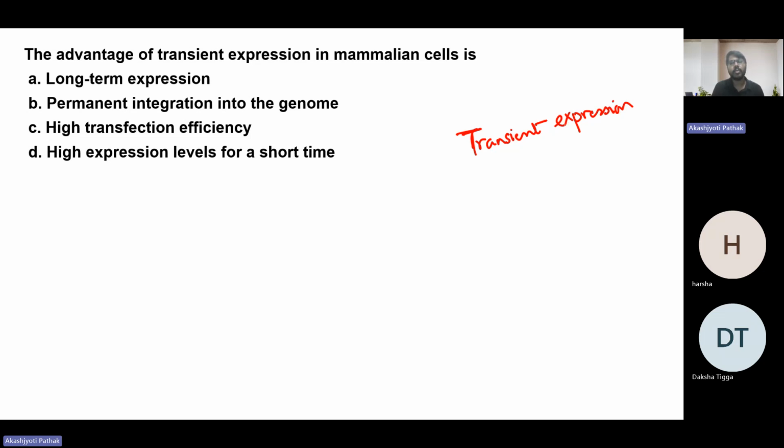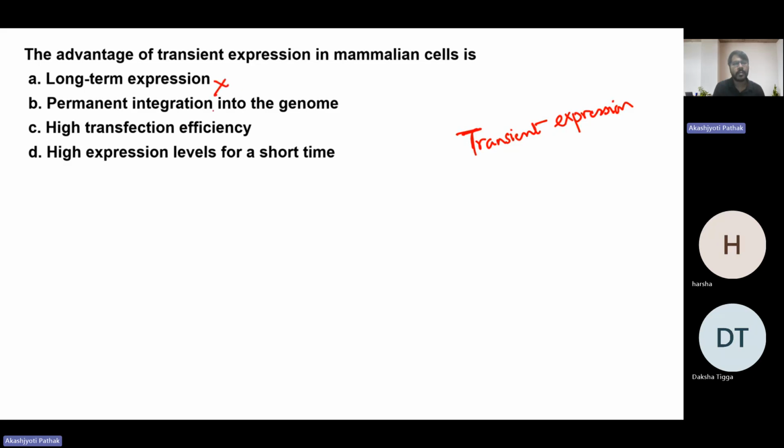But if you want that cell to continuously produce that particular protein, then you have to go for permanent expression. So transient expression will not give you long-term expression, isn't it?